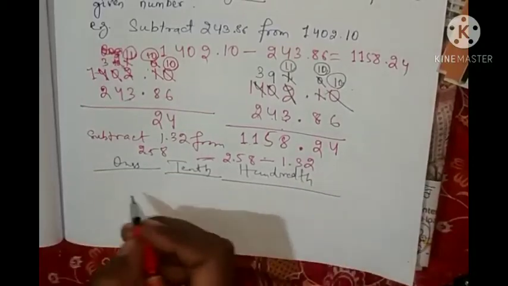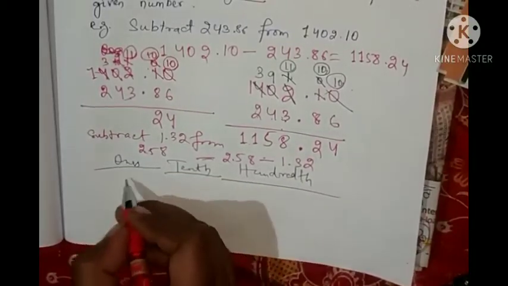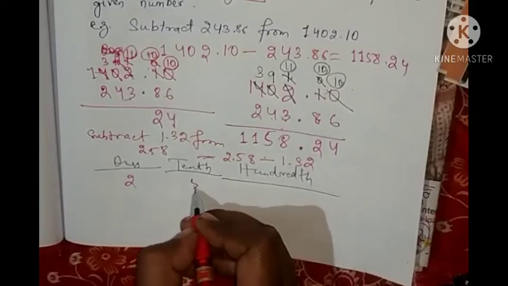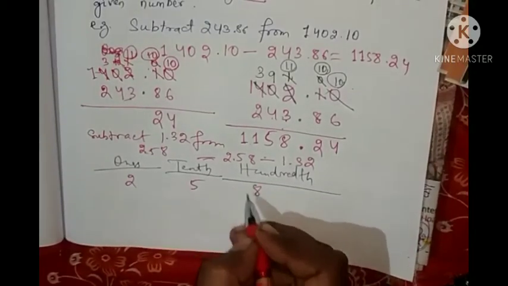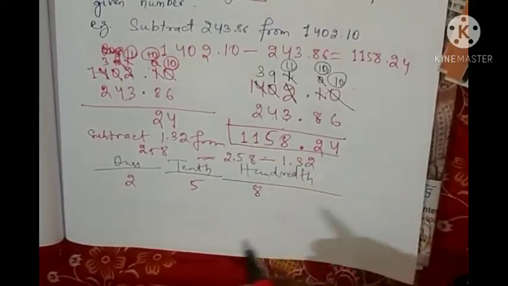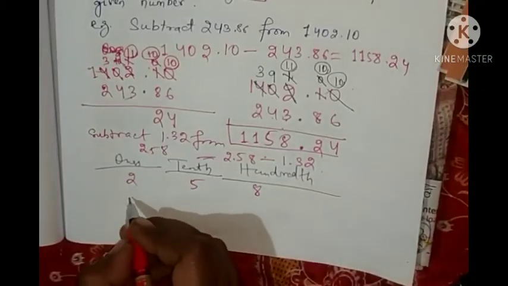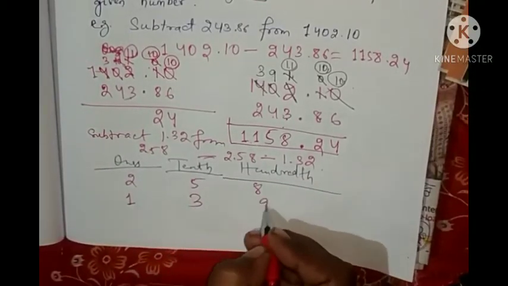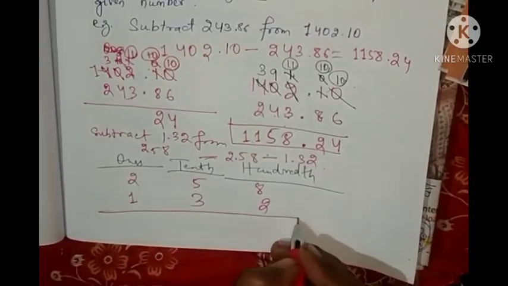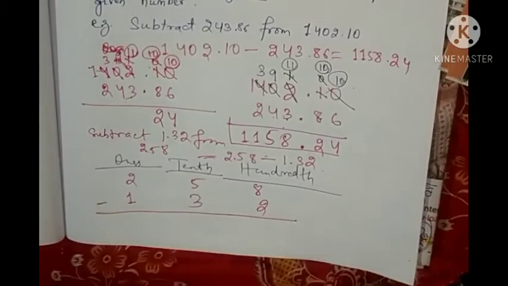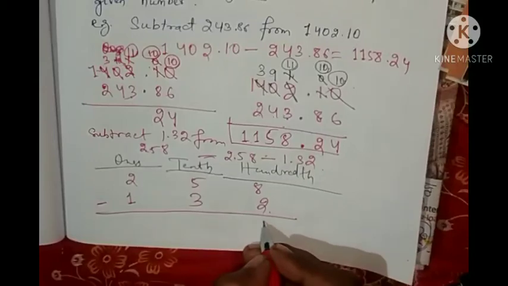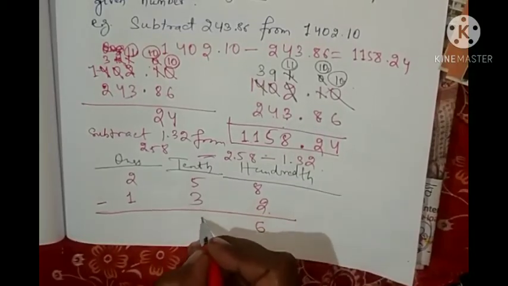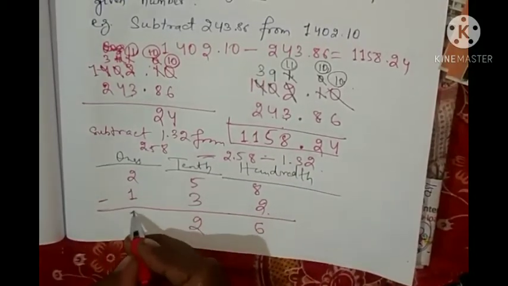So first write 2.58. 2 is in ones place, 5 is in tenths place, 8 is in hundredths place. Next 1.32. 1 is in ones place, 3 is in tenths place, 2 is in hundredths place. 8 minus 2 is 6, 5 minus 3 is 2, 2 minus 1 is 1.